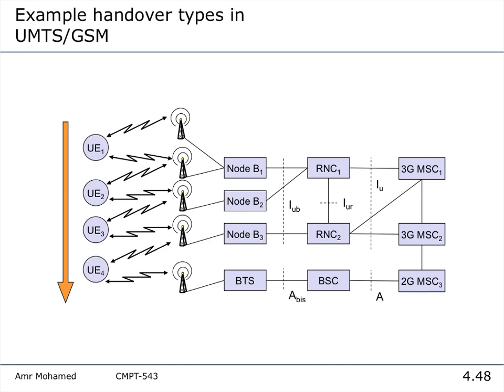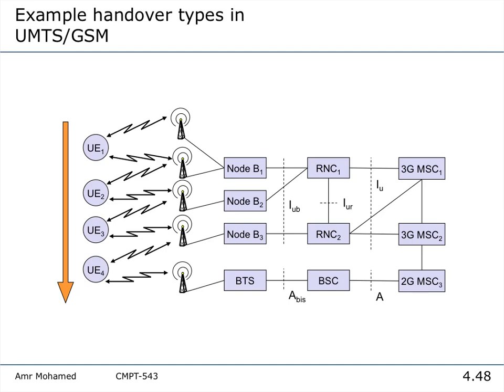Now we have 5 types of handovers, not 4 types. We used to talk about 4 types in GSM. Now we have a 5th type, which is moving from the packet switching side to the circuit switching side, or from node B to a BTS, from the RNC or from RNS to BSS.